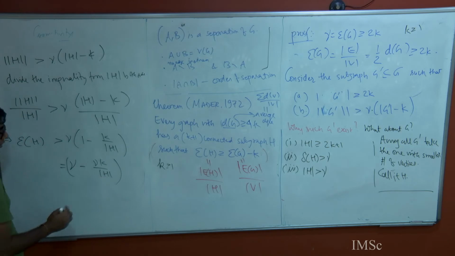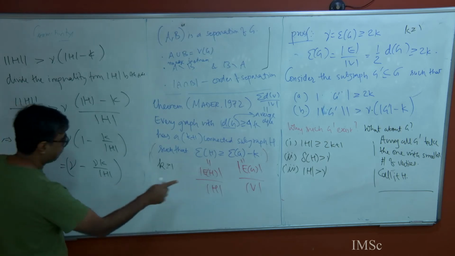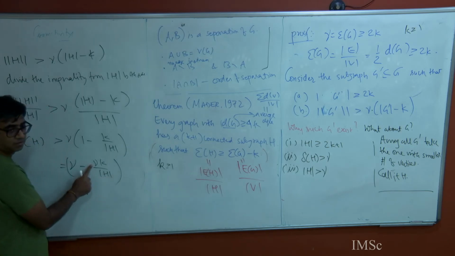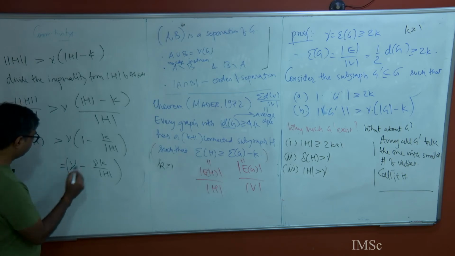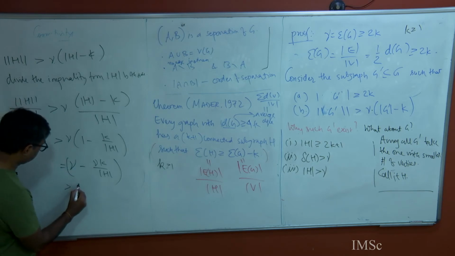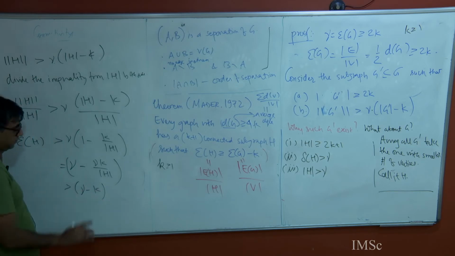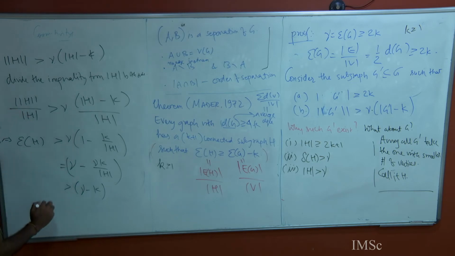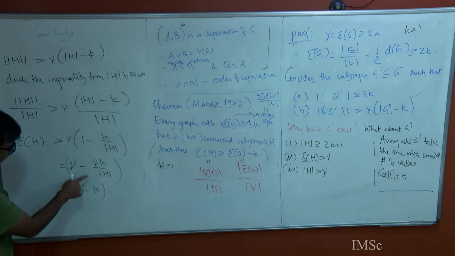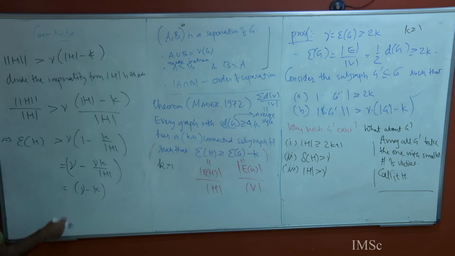Is this fine? Now what I know, look, mod h is larger than gamma, right? So I can say that's fine. This is fine, there's nothing wrong. Maybe there should be equality here because it could be, yeah, doesn't matter.